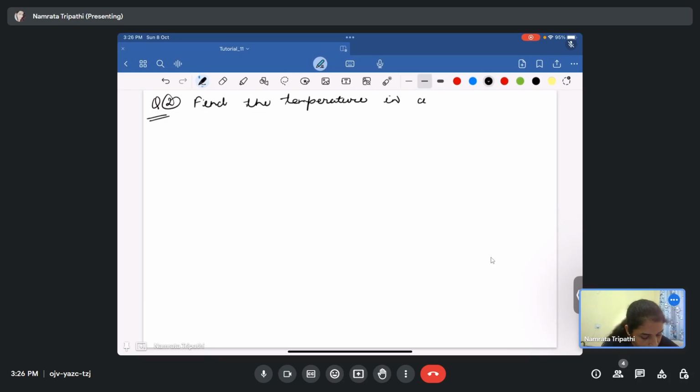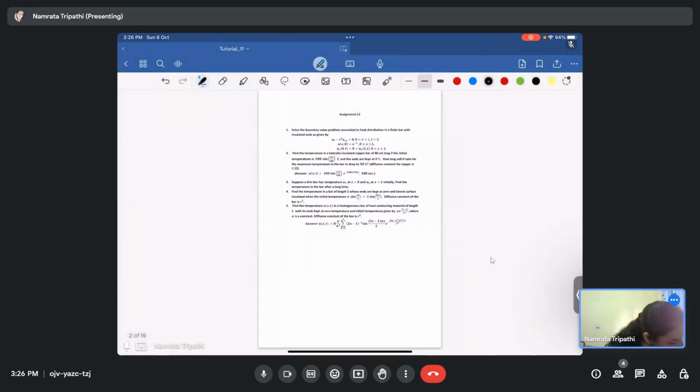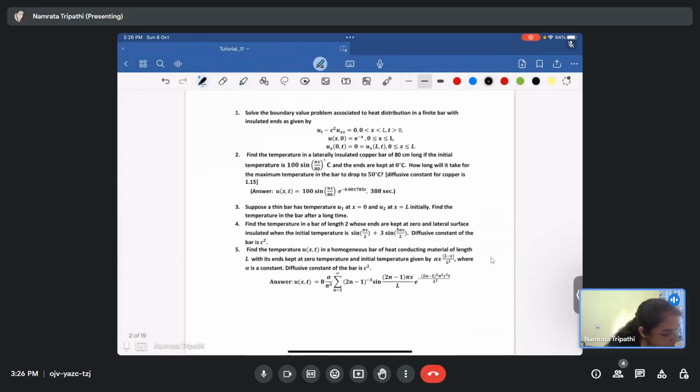Find the temperature in a laterally insulated copper bar of 80 centimeter long if the initial temperature is 100 sine pi x upon 80 degrees Celsius and the ends are kept at 0 degrees Celsius.